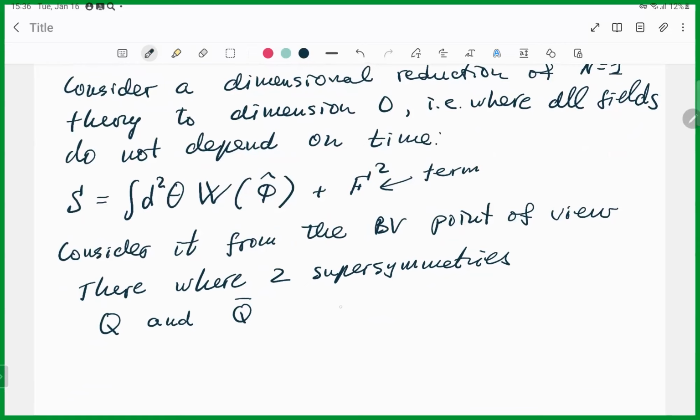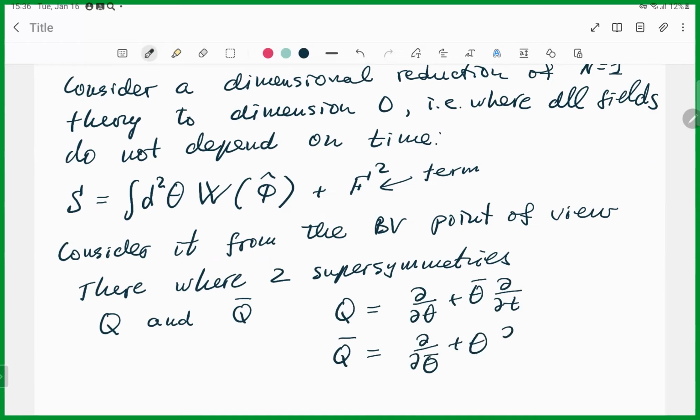So let me remind you that Q was d over d theta plus theta d over dt, and Q bar was d over d theta bar plus theta d over dt.